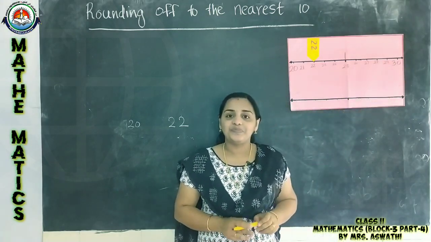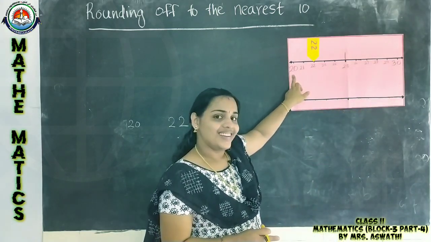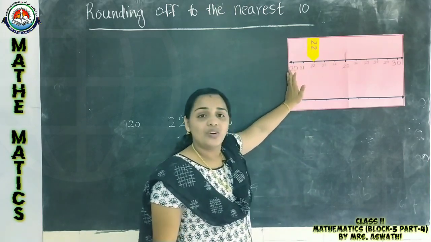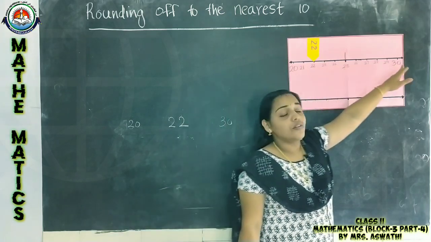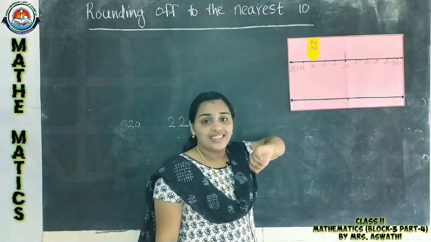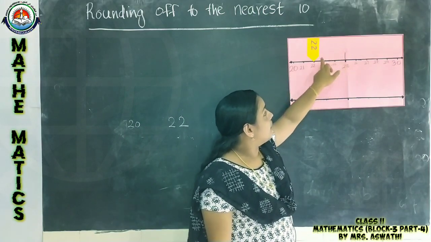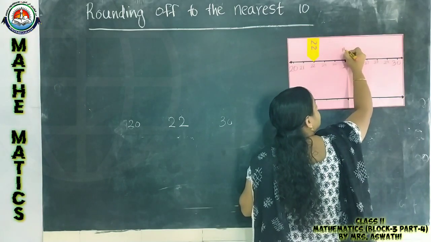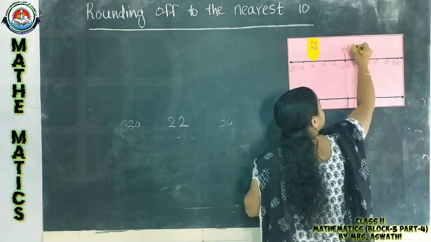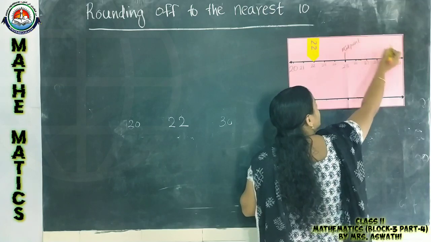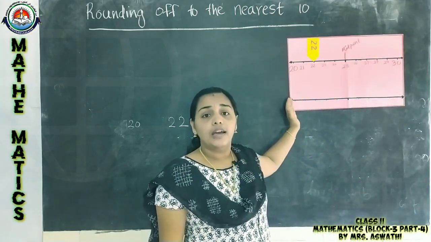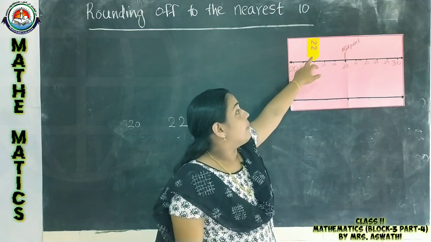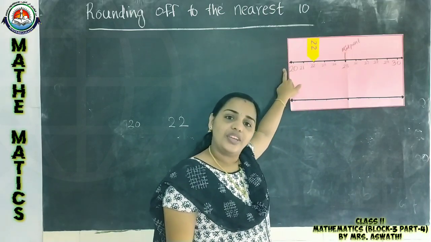Yes, 22 is closer to 20, not to 30. This number comes before the midpoint. So we can round off 22 to 20.